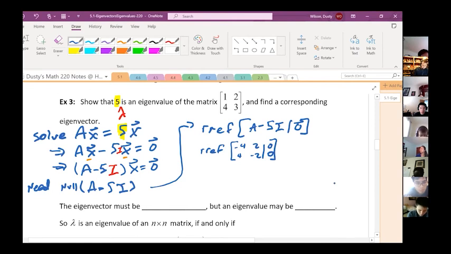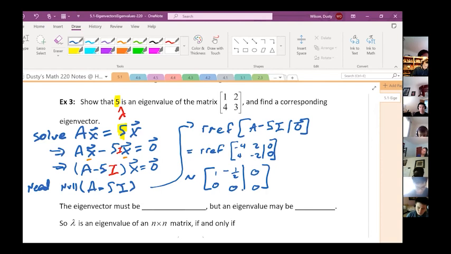So notice that the two rows are just scalar multiples of each other. So you can see that you're going to end up with a row of zeros. And so you could row reduce and end up with 1, negative a half, 0, 0, 0, 0.